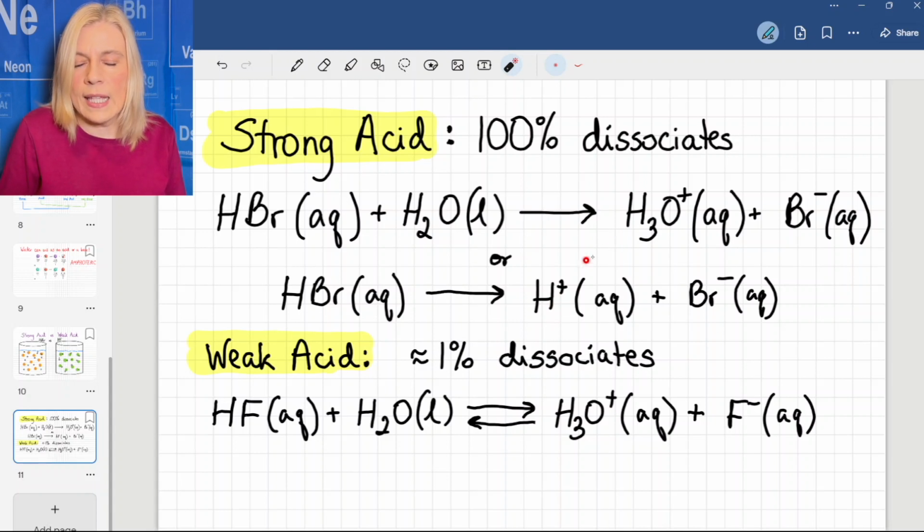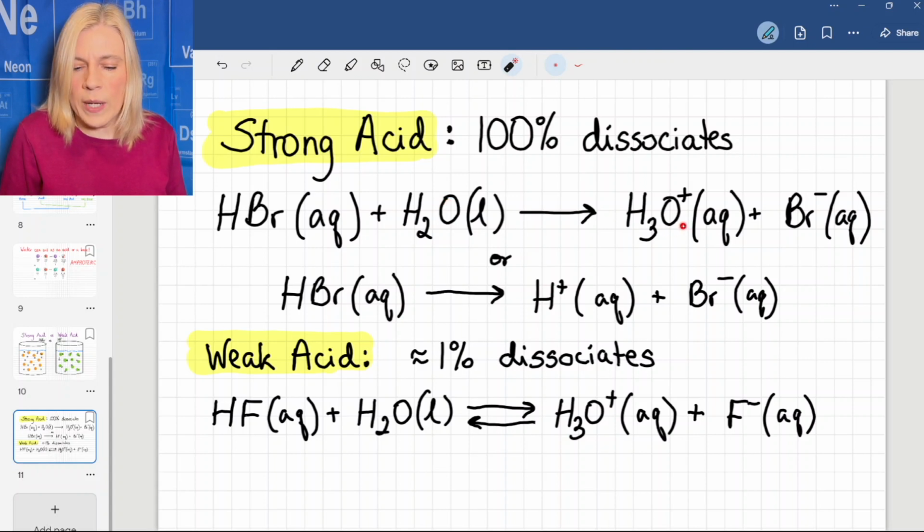So just keep that in mind, that's interchangeable. We can rewrite it like this: HBr, hydrobromic acid, will just break apart into H+ and Br-. But in real life, the H+ quickly grabs a piggyback ride on a water molecule and becomes H3O+.